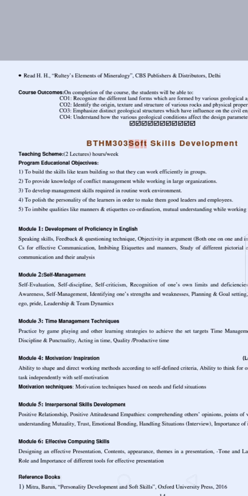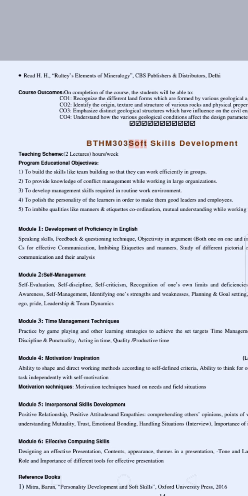The next objective is to imbibe qualities like manners and etiquettes, coordination, and mutual understanding while working in a group. Table manners or etiquettes are qualities, and coordination and mutual understanding are necessary to develop your soft skills, which you will use while working in a group or team. These are the several program educational objectives set by Dibatu University.